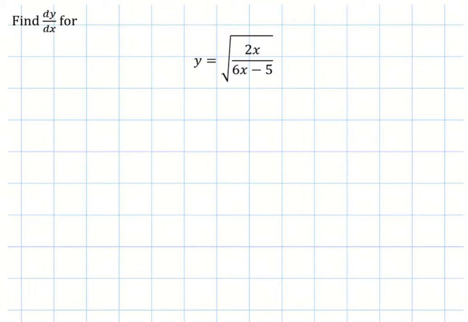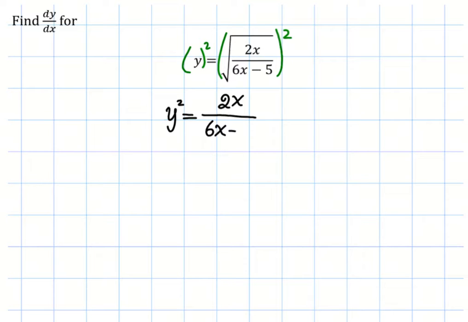So first thing is I'm going to square both sides. That gives us y squared equal to 2x over 6x minus 5, right?